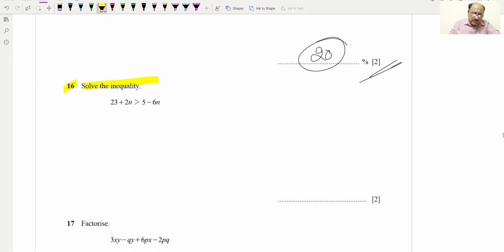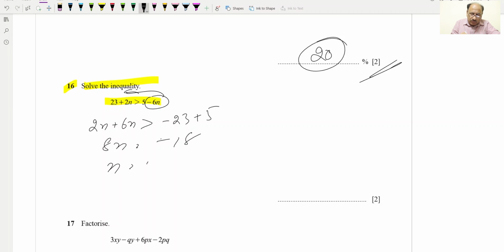Now question number 16, solve the inequality. This inequality we will be solving, and we can shift this minus 6n to the other side, so it will be 2n plus 6n is greater than 23 plus 5. So this will be 8n is greater than 23 plus 5. It should be minus 5 basically, since we are shifting 23 to the other side, so it will be minus 23 plus 5, and it will be minus 18.